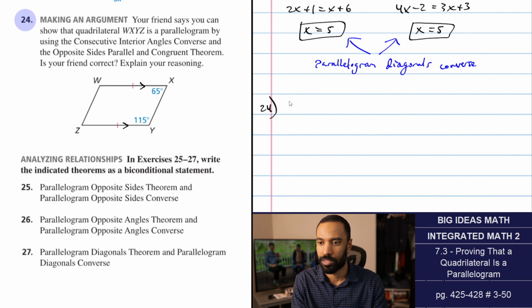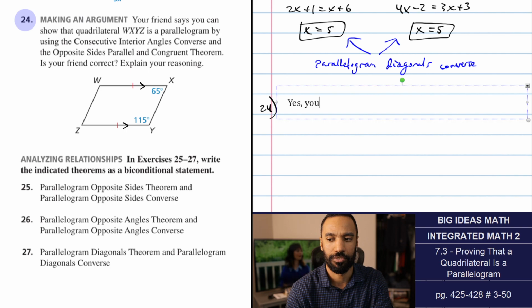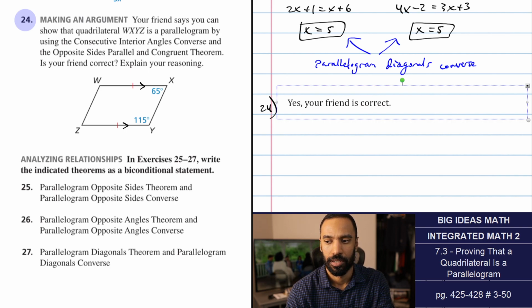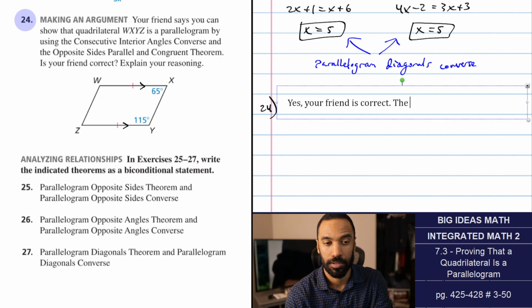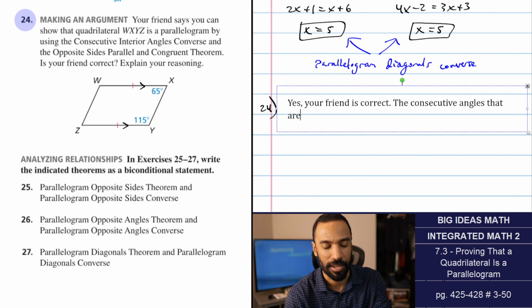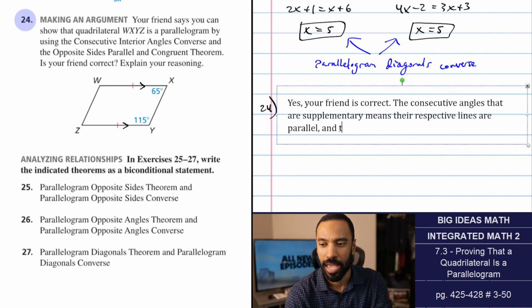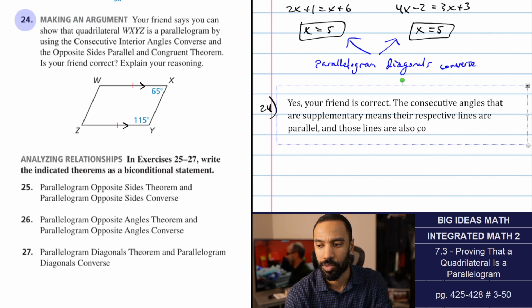Yes, because now you have the same set of opposite sides parallel and congruent, and that would work. So yes, your friend is correct. The consecutive angles that are supplementary means their respective lines are parallel, and those lines, WX and ZY, are also congruent to each other.